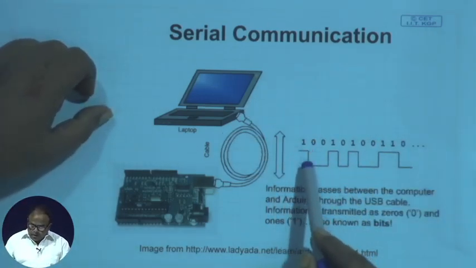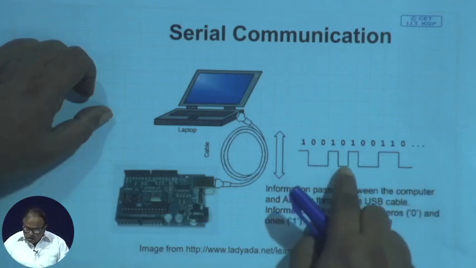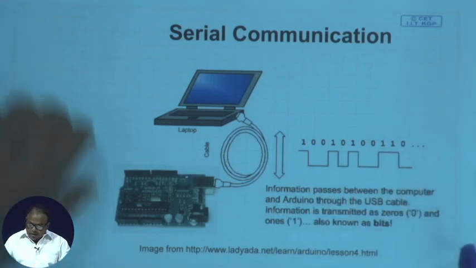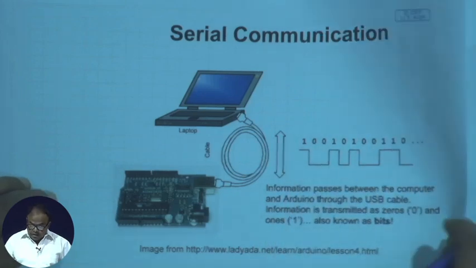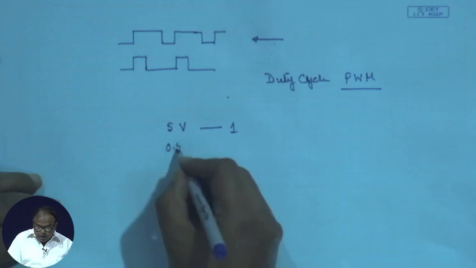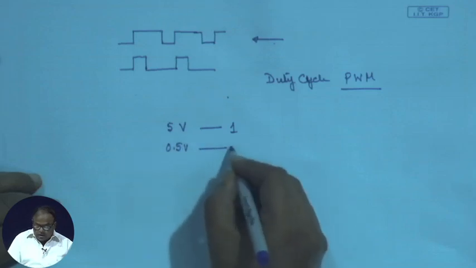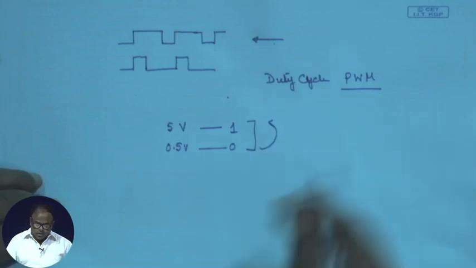Here, for example, this serial pattern is 1 0 0 1 0 1 0 1 0 etc. This is very familiar to you, and usually in the normal scenario, we assume 5 volt to be a 1, and 0 volt to be a 0, or just the other way around if it is negative logic, that is known, right.